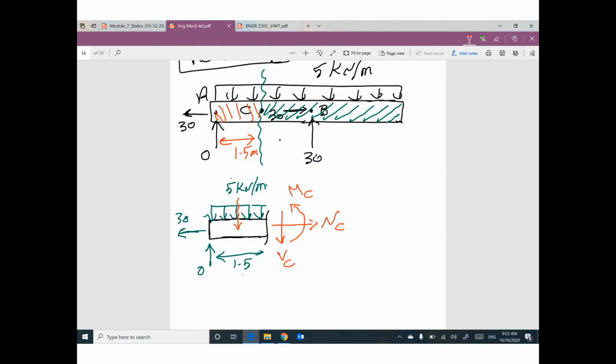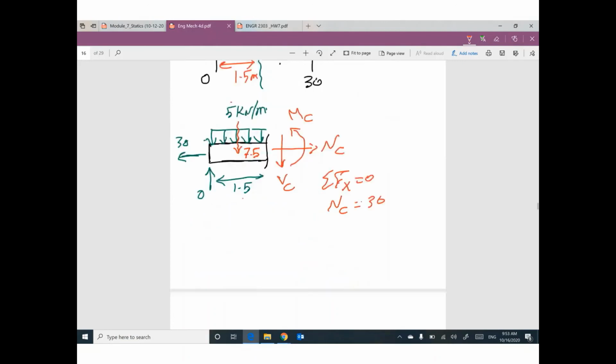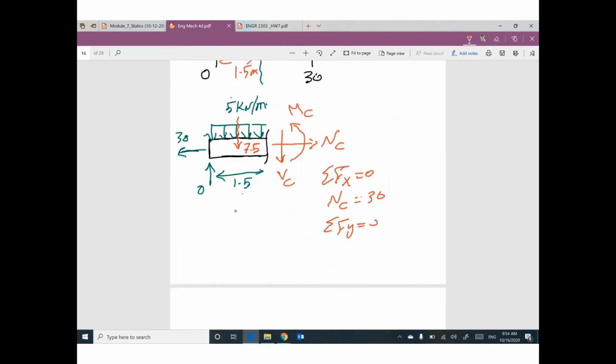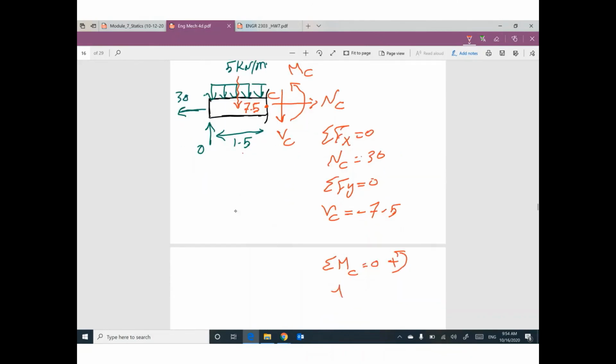How much? 7.5. Go ahead and apply summation Fx equals 0. NC will be 30. Summation Fy equals 0. VC will be negative 7.5. Summation moment at point C, and I will assume this direction is positive, MC will be negative 5.625.